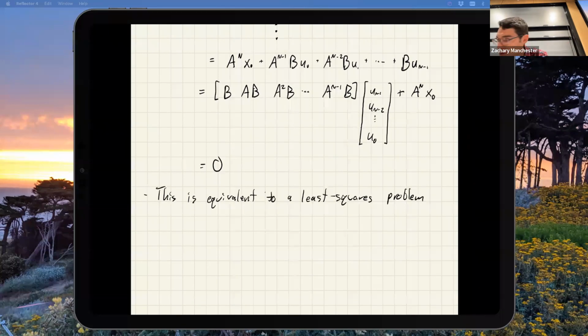So there's a least squares problem for the u's, for u naught to n minus 1. So that looks like, if I were to invert this thing, we get this pseudo inverse thing in here.